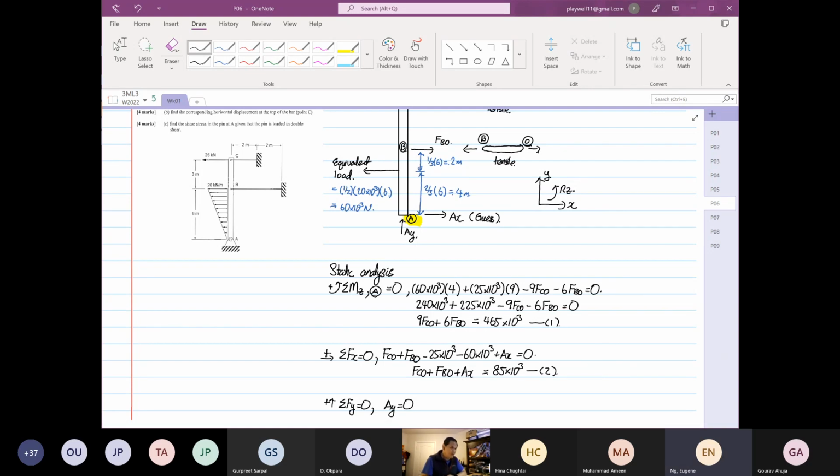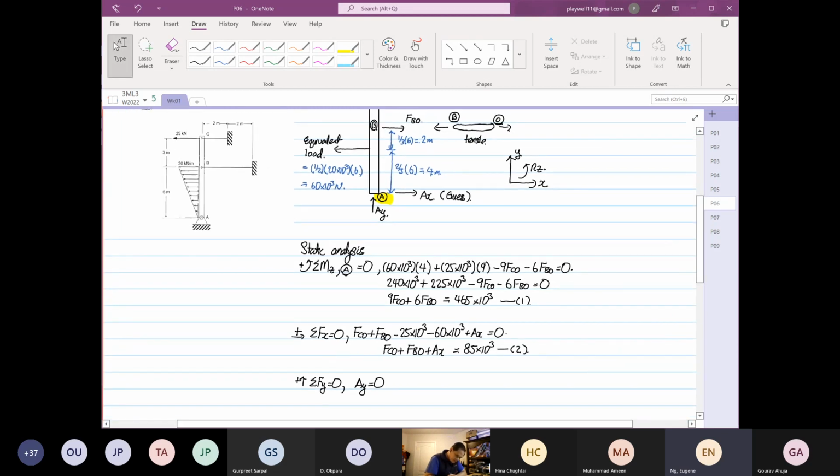What this problem is, we have formed two equations, and we have 3 unknowns. So we cannot solve just using static analysis.